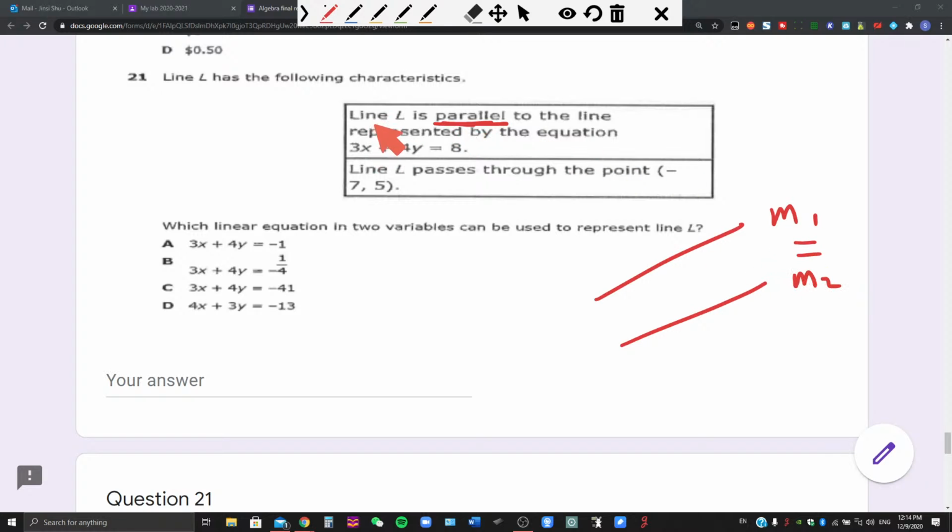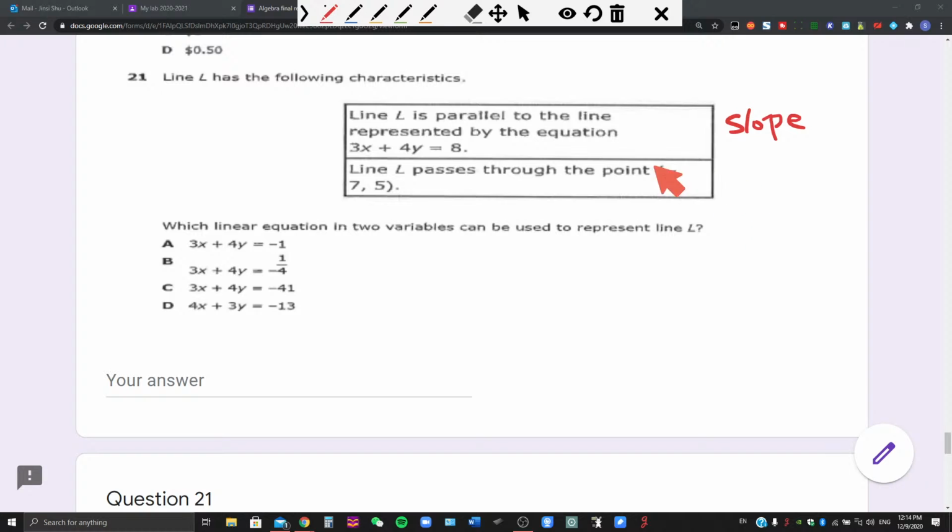That means line L has the same slope as this equation. And also we know it passes through another point. So if we can find out the slope from the first characteristic, and we can use this point, then we can do the point slope formula, right? Okay, let's first find out the slope. To do the slope, we are going to rewrite into the y equals mx plus b form.